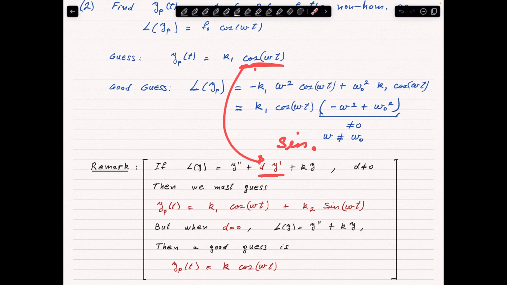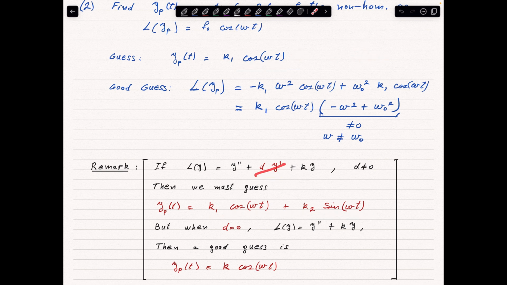That means that if you guess only cosine, you're going to get a cosine, the source is a cosine, and then you're going to create a sine that you cannot equal to anything, that is the only sine term. So when this term is here, this cosine is not a good guess. You need both terms with a sine.